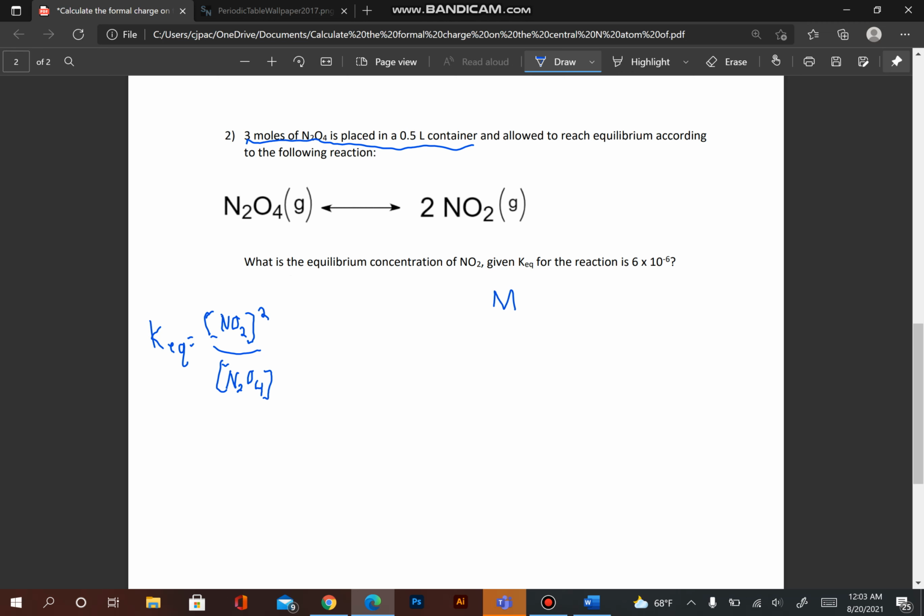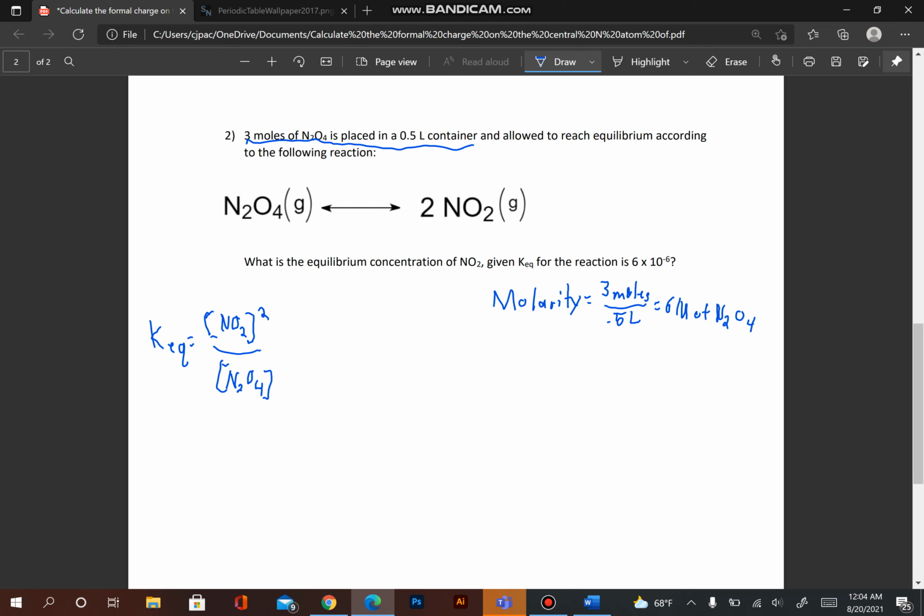If you remember that, molarity equals 3 moles for 0.5 liters, which should equal around 6 moles of N2O4 at the start. So that's great.